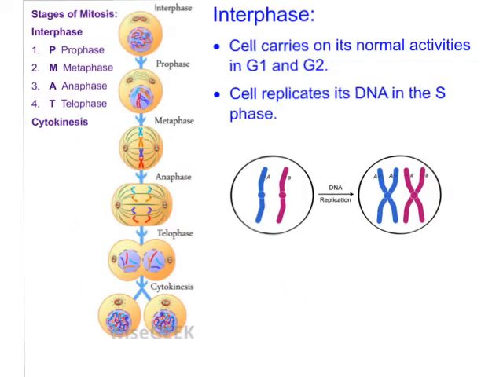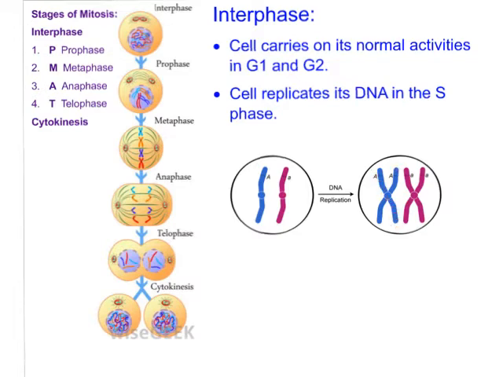So let's start with interphase, which is technically not part of mitosis, but it is an important part of the cell cycle before we get to mitosis. It is where the cell carries on its normal activities in the G1 and G2 phases. In the S phase of interphase, remember, the cell replicates its DNA. Here we have unreplicated strands of DNA, or chromosomes.